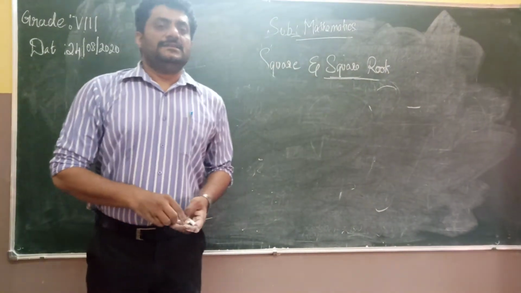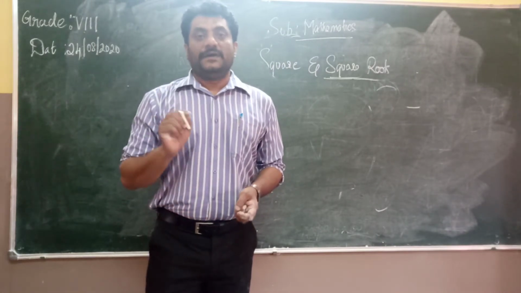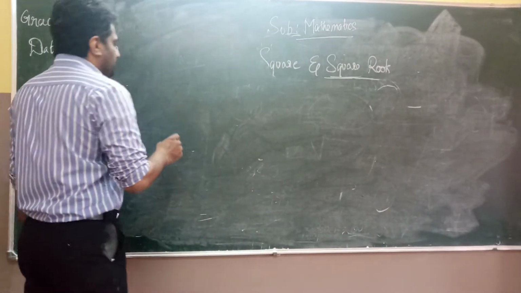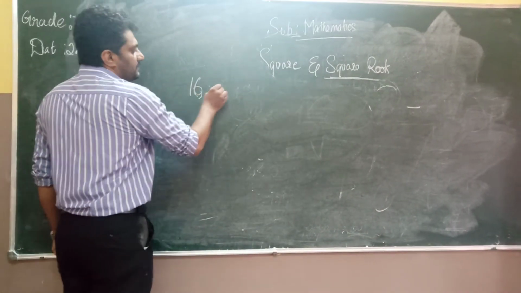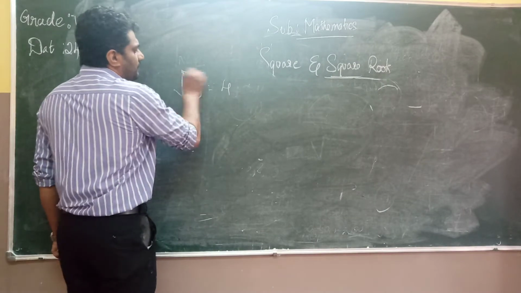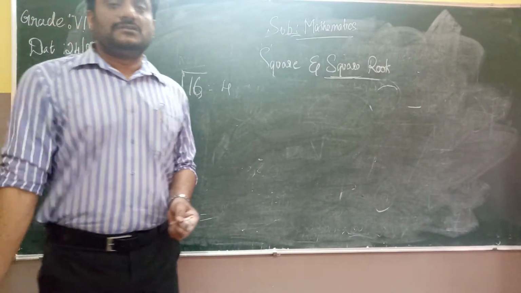There are different ways to find the square root. For example, if I have 16, we already know the root of 16 is 4. But how do we find it if we do not know?